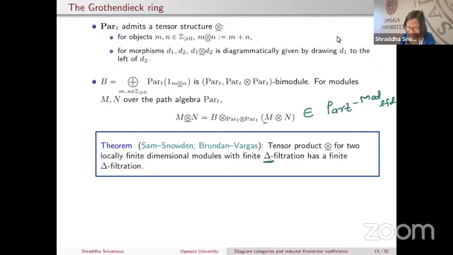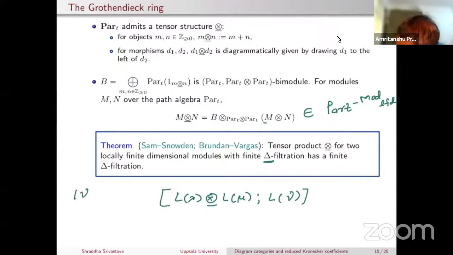Let me write. Let's just take the generic semi-simple setup, and assume that |nu| is the same as |lambda| plus |mu|.